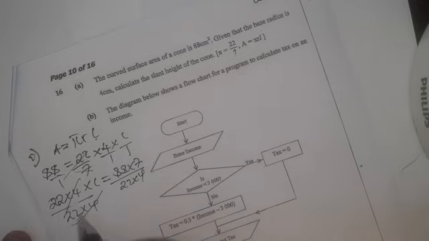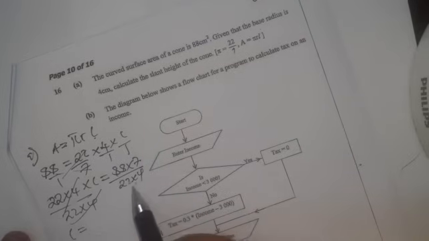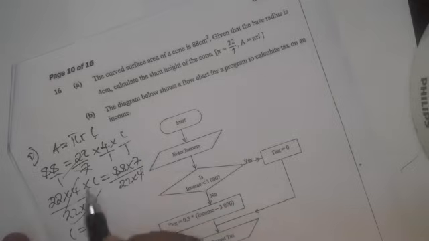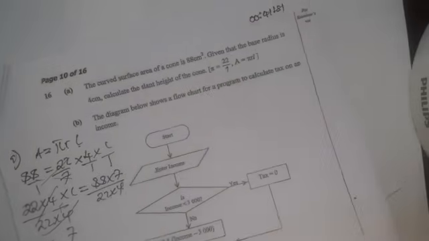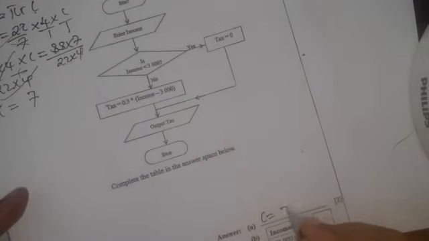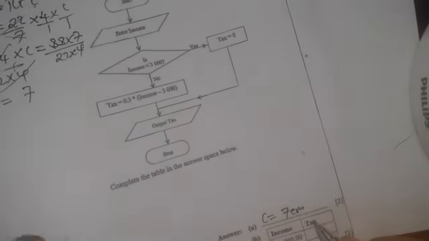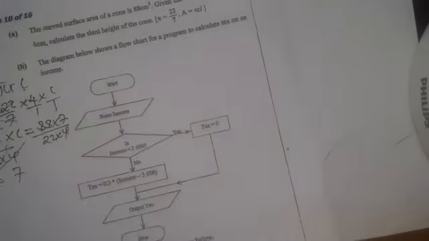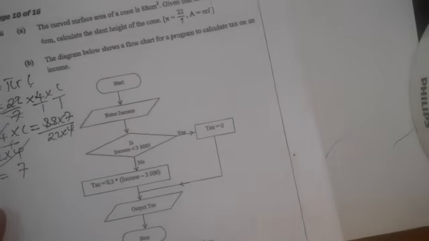So these will cancel, remain with L, which is what? What is 22 by 4? That's 88. 88 and 88 to cancel, remain with 7. Alright, so here the slant height is 7. L is equal to 7 centimeters. Alright. Then we go to the next one.